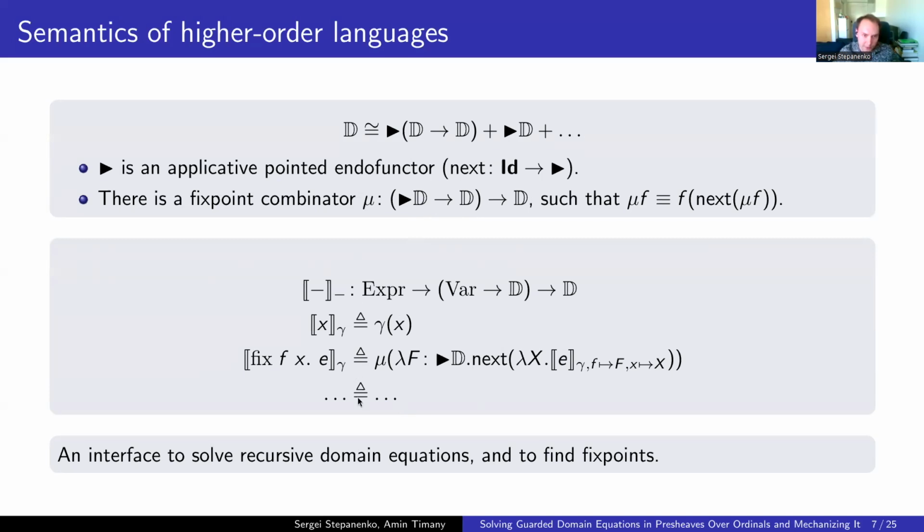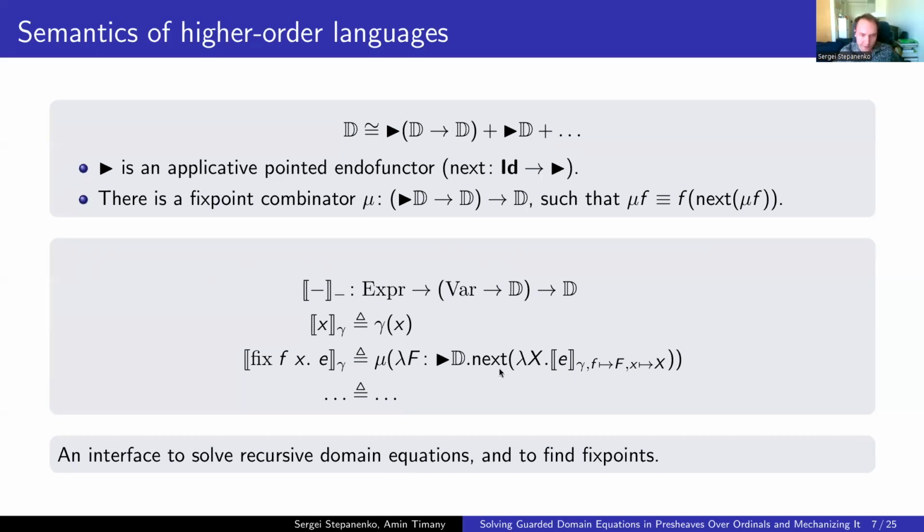So for example, if we want to interpret this subset of the language, then we consider it with some environment. In the variable case, we do a lookup. And in the fixed point case, we use the fixed point combinator of our interface, take the function at the next step, and inject it into the environment together with a normal function argument.